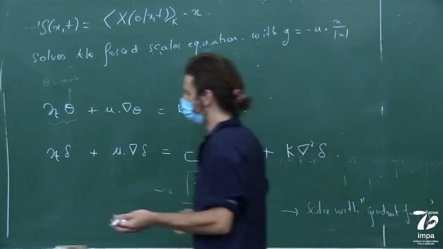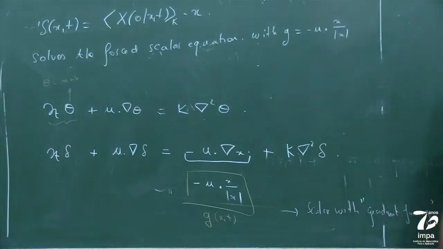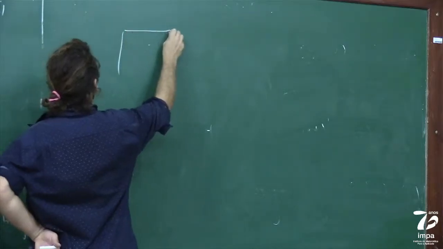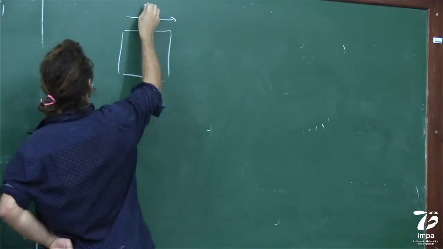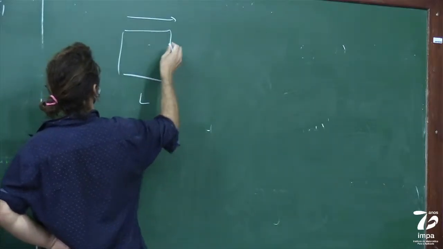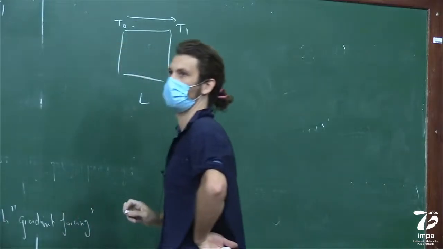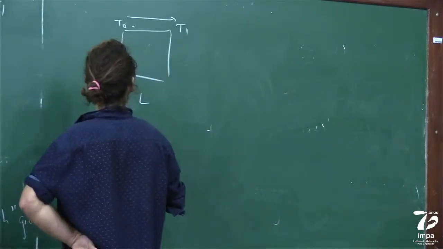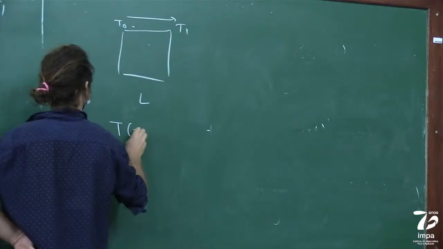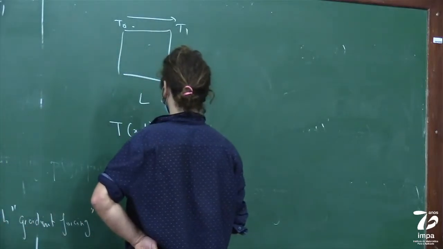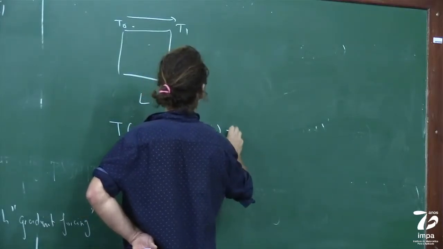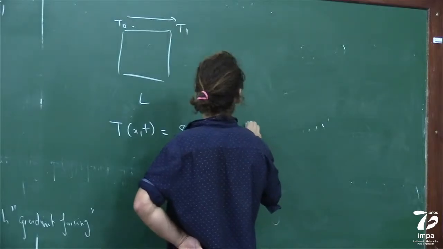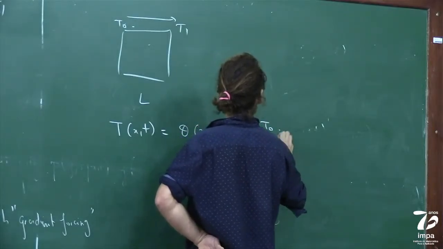Typically, imagine that you have a plate, and you have a gradient of temperature over a distance L, with T1 and T0. And then you are looking at the fluctuation. You define T of x, t equal to a small fluctuation plus the gradient, T1 minus T0 over L, times x.